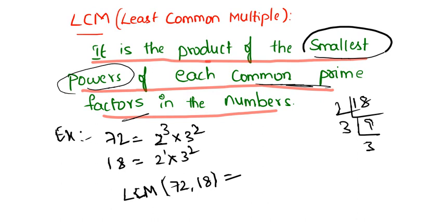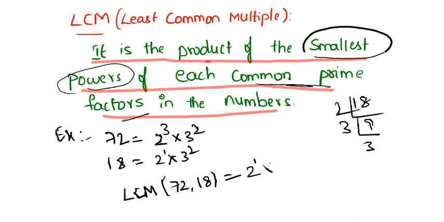Here 2 is common in both 72 and 18, so we select the least power, which is 2 power 1 and not 2 power 3.